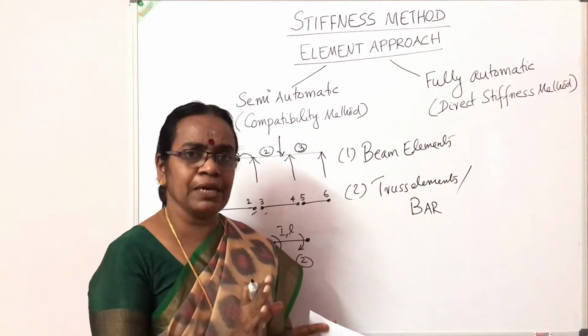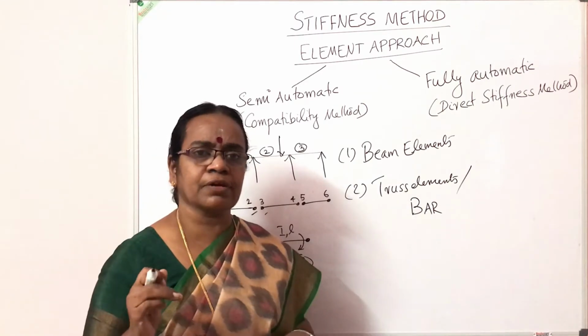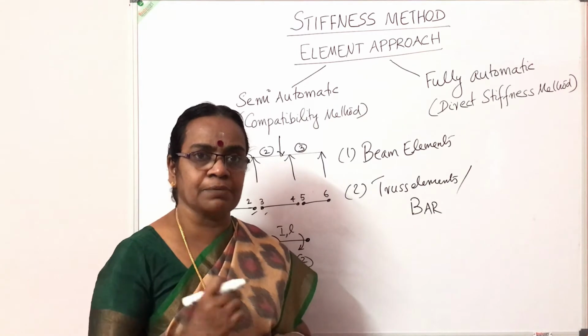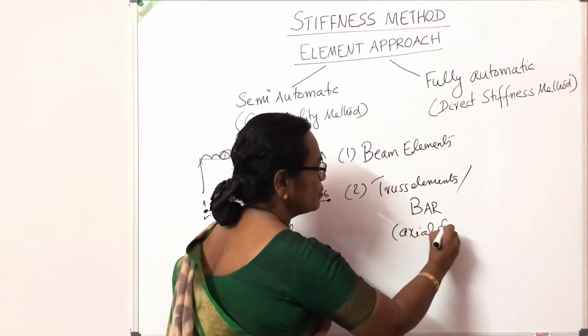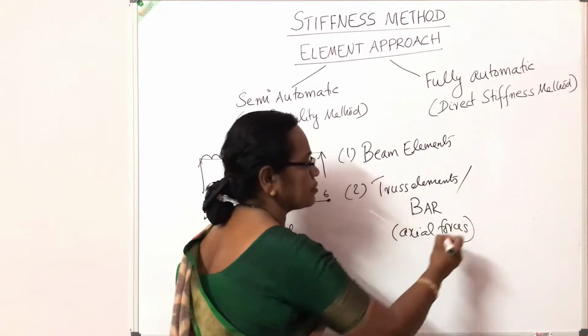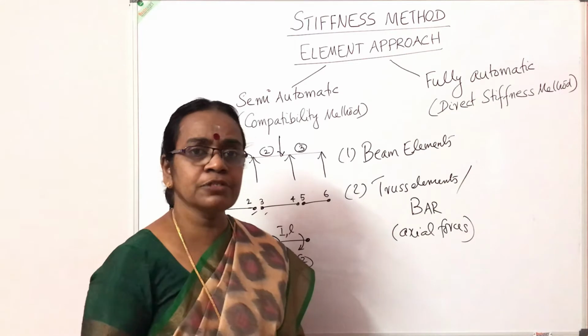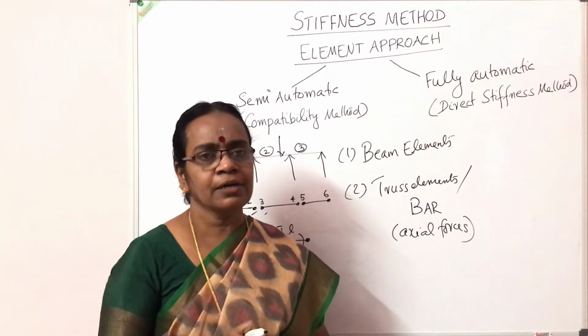So generally beam element and bar element. So a truss is composed of an assembly of several bar elements put together. In bar elements there will be only axial force. In trusses there will be only axial forces, no bending moment or shear force. In beam element, the predominant forces are bending moment and shear force. Axial force in beams is usually neglected.